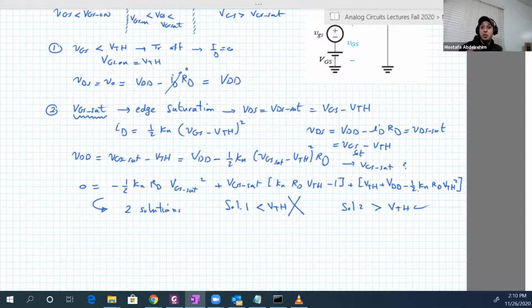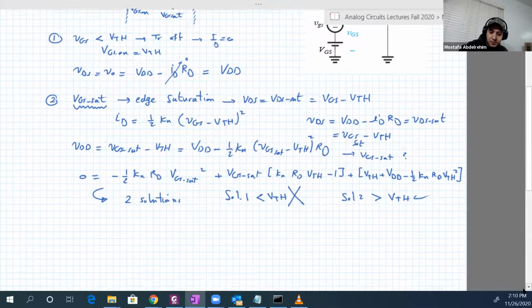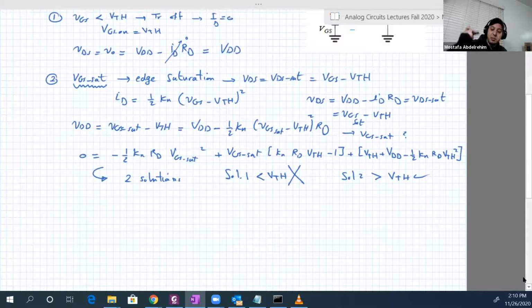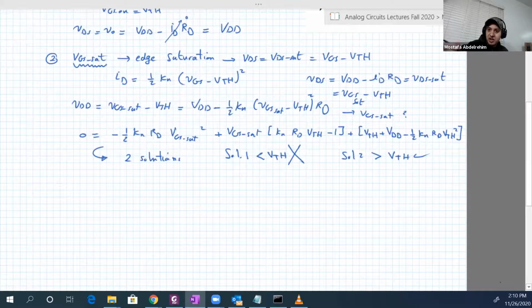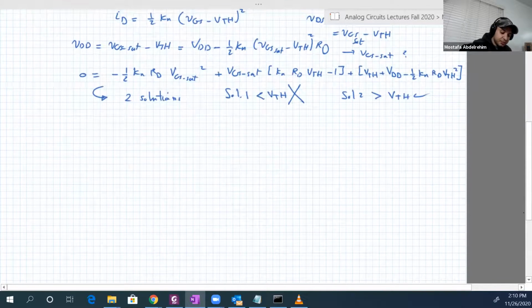That will basically give us a great idea about how we can use transistors. So I will go into conclusions directly, although we will make the derivation in another slide.